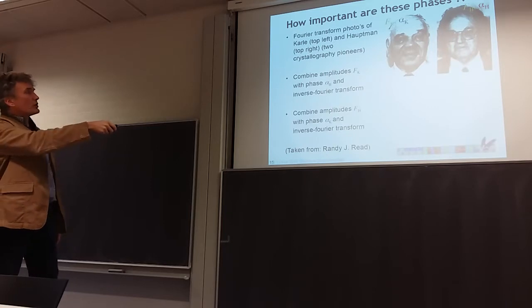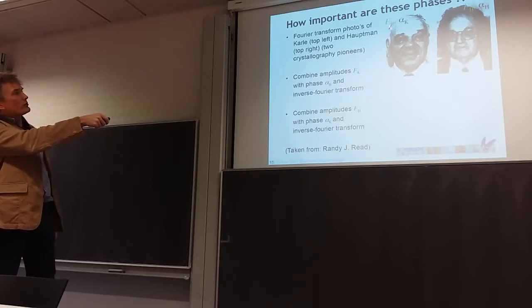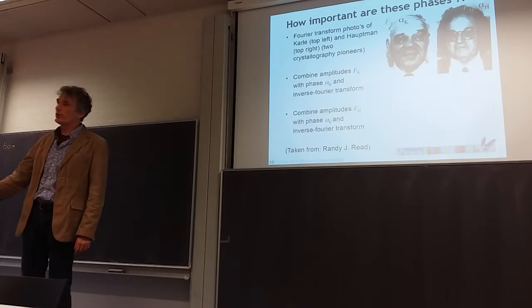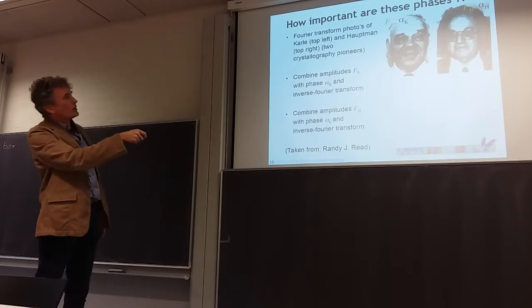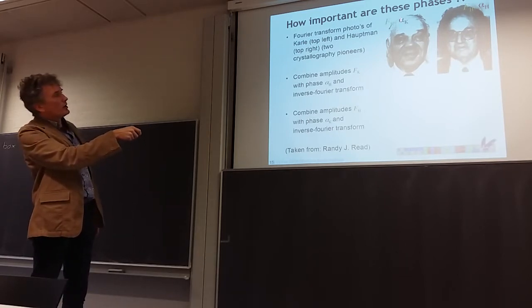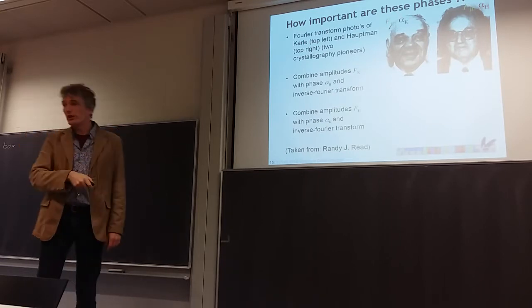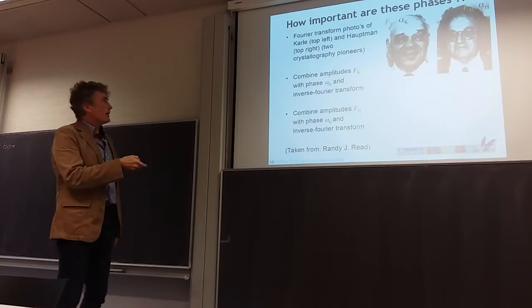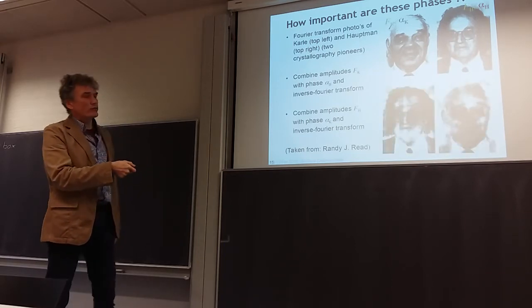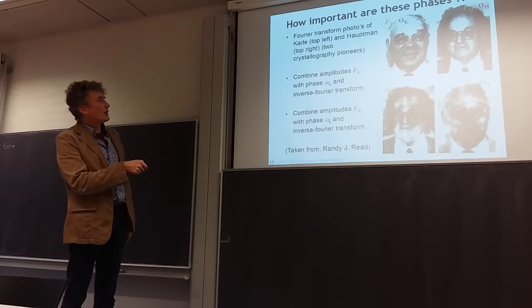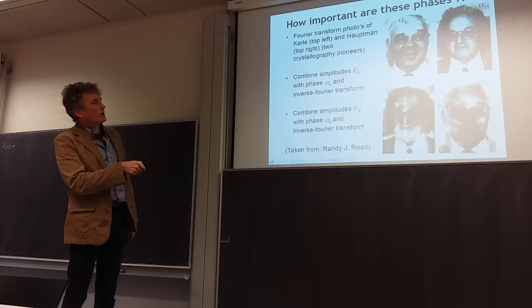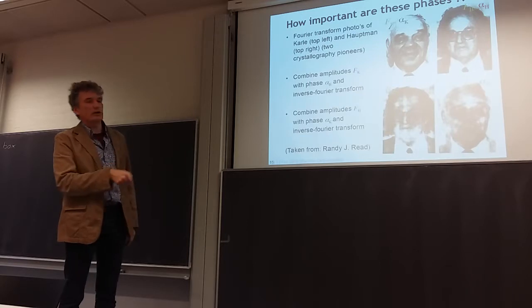Okay, so now we can calculate the phase from doing the forward Fourier transform from the densities. We can calculate the phases and the amplitudes for Karl, and we can calculate the phases and the amplitudes for Hauptmann. And then we do the reverse Fourier transform using Karl's amplitudes and Hauptmann's phases, and Hauptmann's amplitudes and Karl's phases.